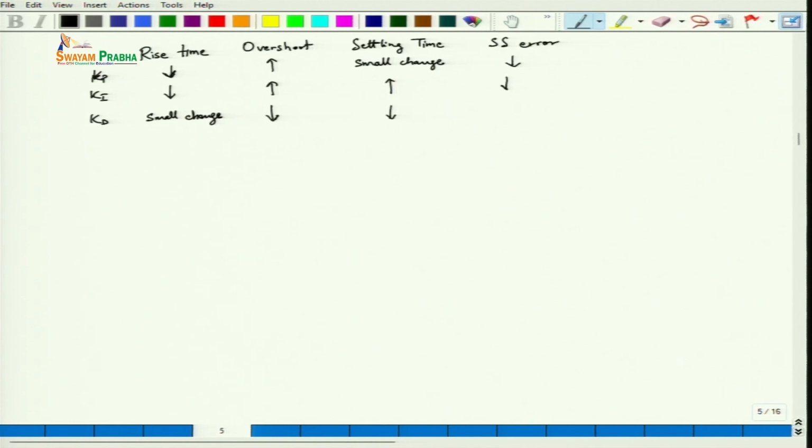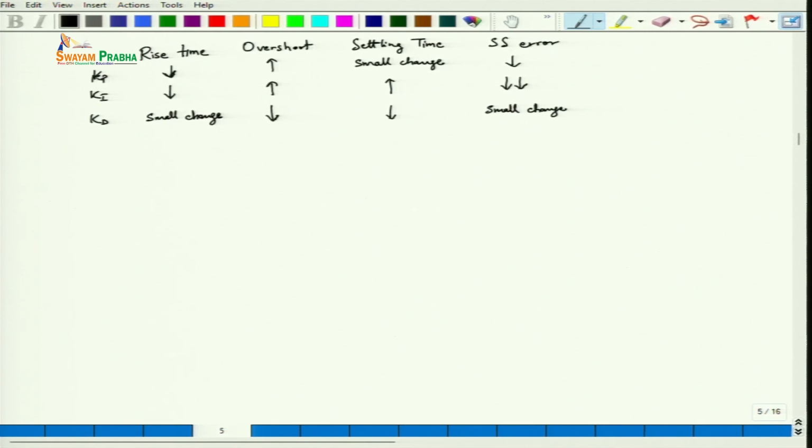Ki will significantly reduce and in most cases eliminate the steady state error. That is a very important reason why we use an integral gain in the controller, and Kd will result in a very small change. So this is the effect of the different types of gains on these time domain specifications.